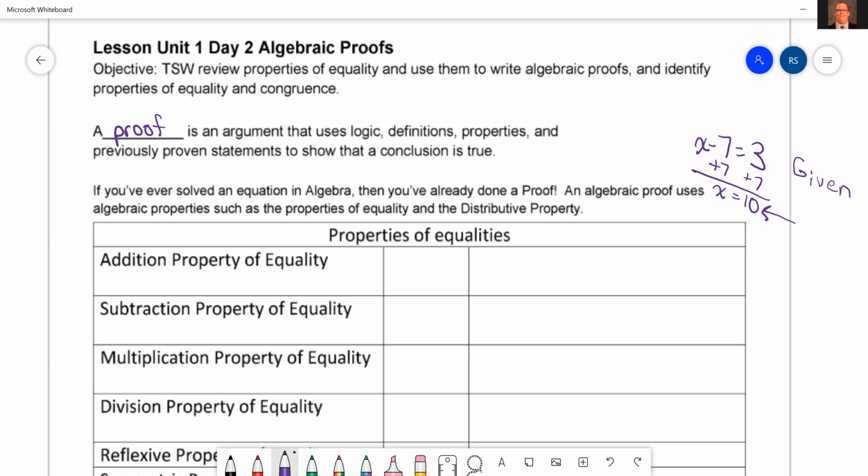So by the end of today, you'll be able to answer that question. So just as a little side note, I'm going to write on here, why is it true? That's what we'll answer.